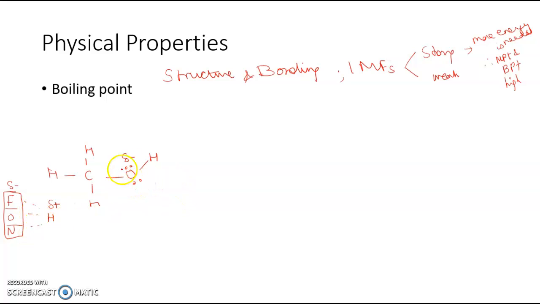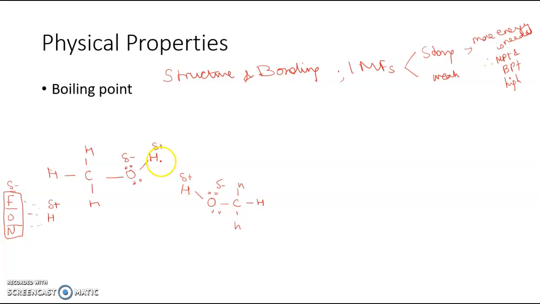So if you look at alcohol, it has the FON element, it's got oxygen and hydrogen as well. So if I place another alcohol molecule, another methanol molecule close to it, it also has the same polarity.